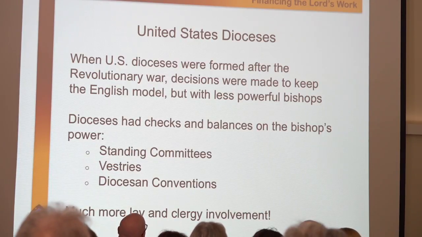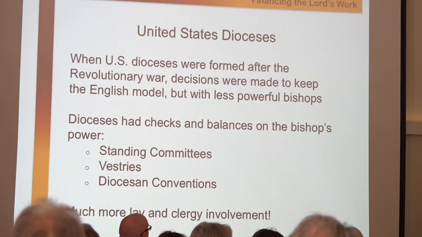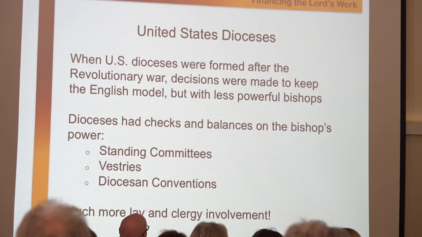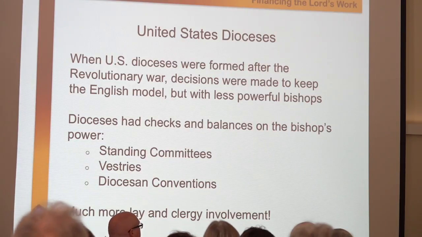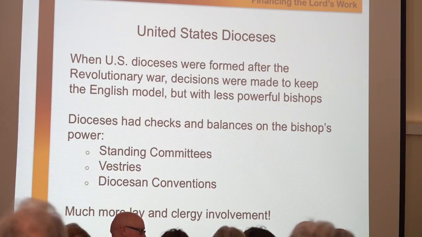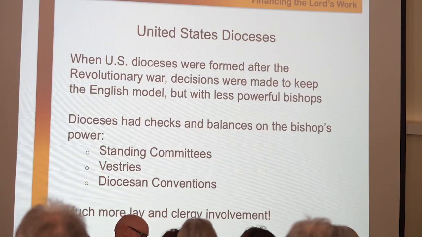But we also decided we didn't want bishops like the bishops were in England, with quite a lot of power. And so for dioceses in the U.S., in our Constitution of 1789, the same year the United States Constitution was written, we established standing committees, and in our canons we established vestries and diocesan conventions.